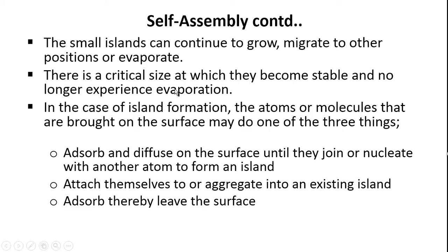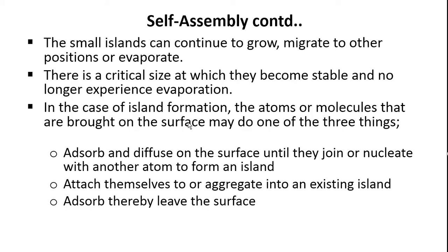So there is a critical size at which they become stable and no longer experience evaporation. So when this formation of clusters and layer-by-layer growth is done, I told you this causes a three-dimensional system, isn't it? So in that three-dimensional system of cluster formation, there is a critical size at which they become very stable.